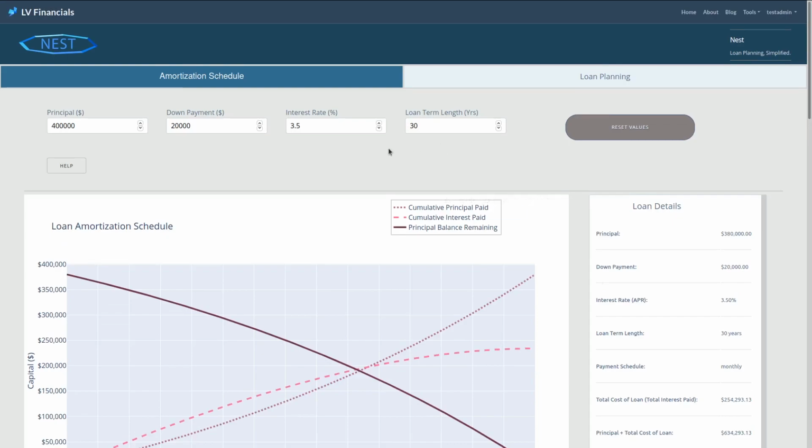Some of the factors that determine how much you will pay in interest over the lifetime of the loan are shown here: the interest rate, the down payment, the principal, and the loan term length. Regardless of what the principal, down payment, and interest rate do, the loan term length will most likely remain at 30 years. What you really want to pay attention to is the economic climate, which could affect the principal or the interest rate.